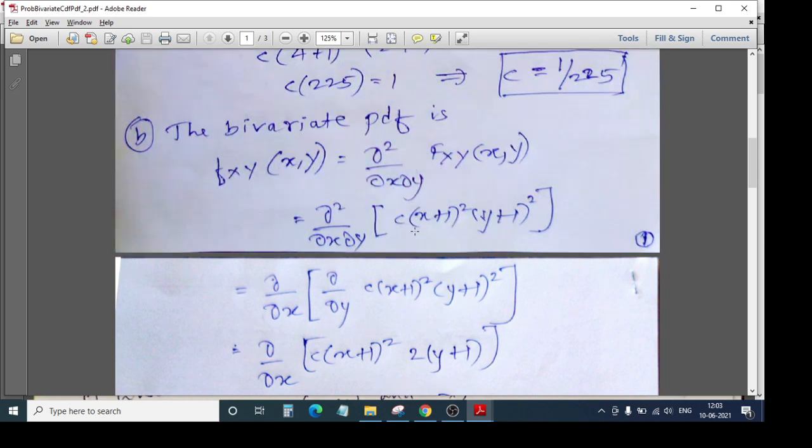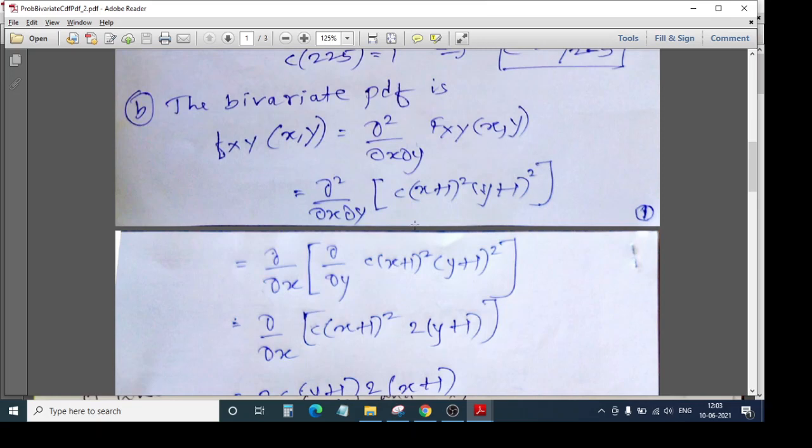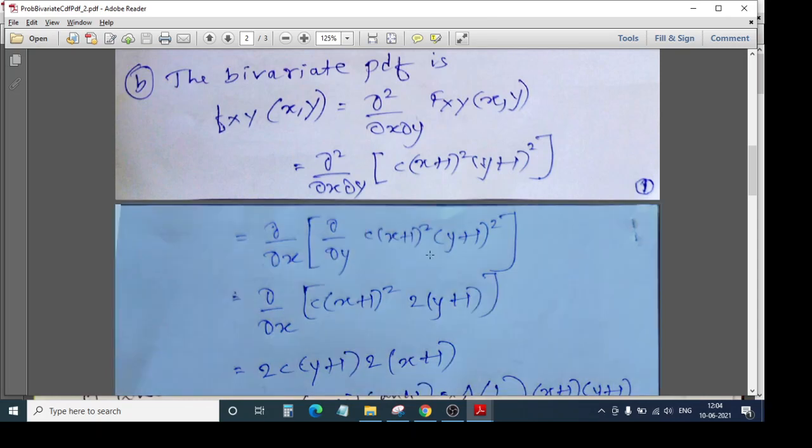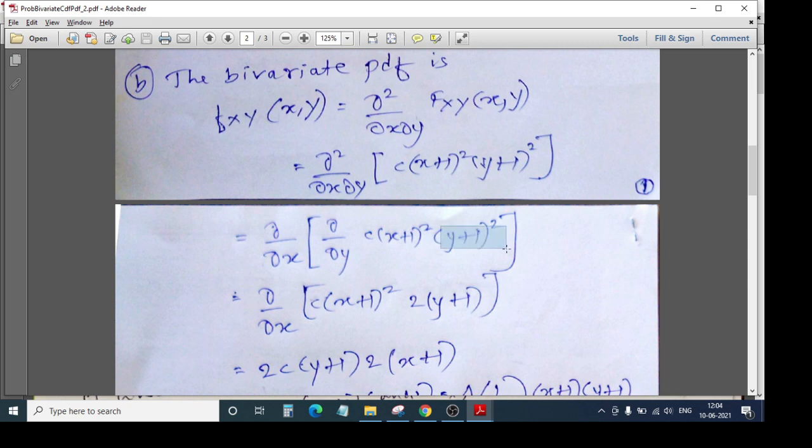So let us split it. It is dou by dou x and dou by dou y. First we differentiate with respect to y. The first term is kept constant as it is, and the derivative of (y plus 1) the whole square is 2 into (y plus 1).